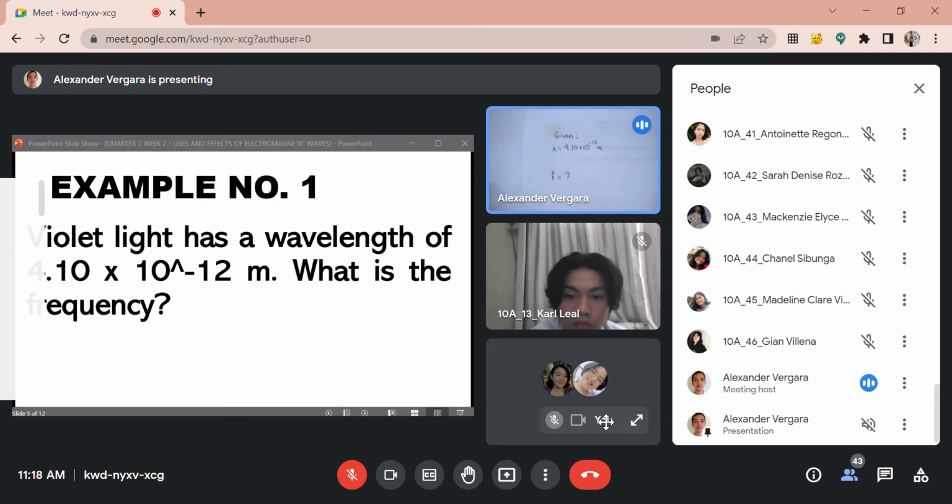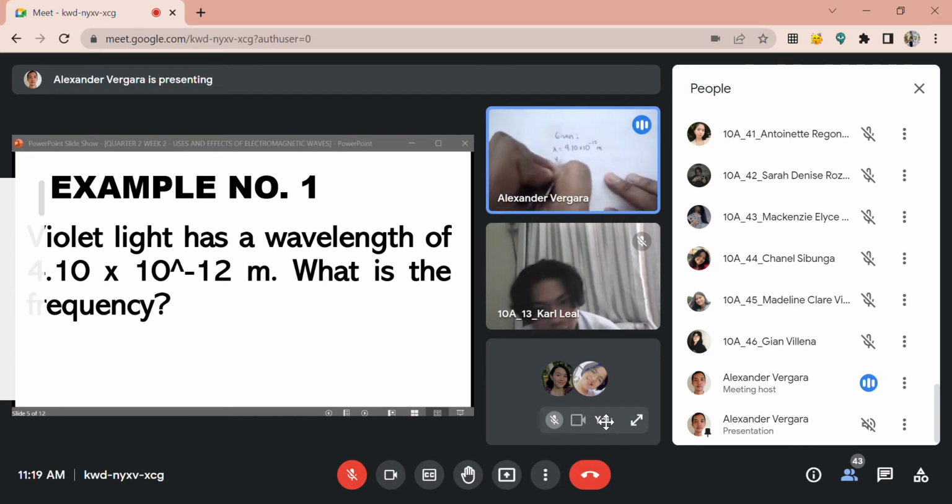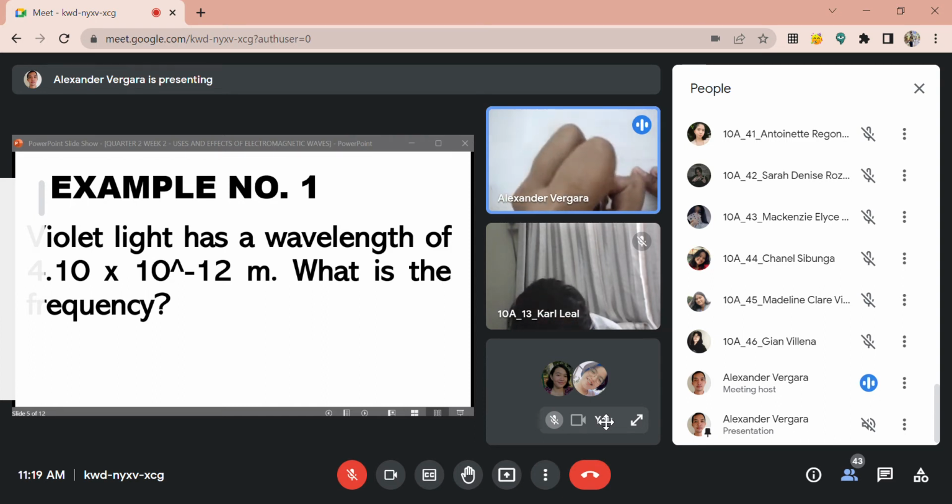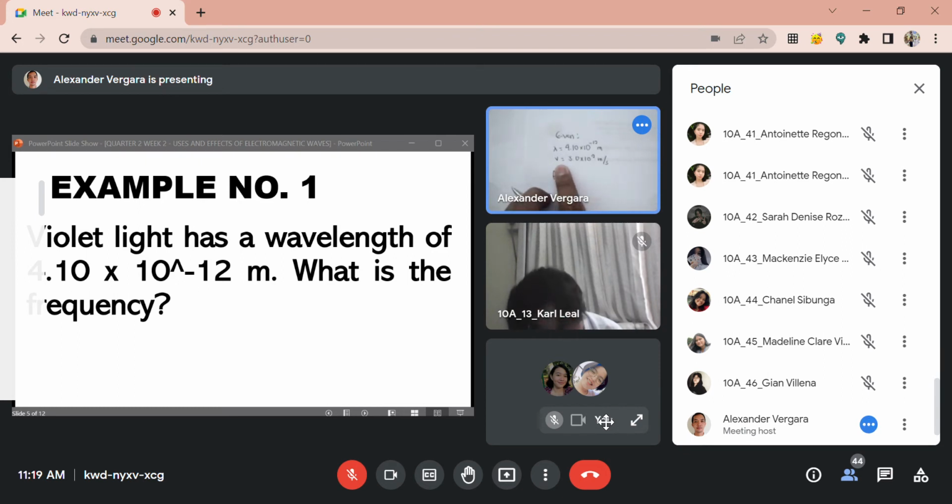Since we're talking about violet light, the velocity will be equivalent to 3.0 times 10 raised to 8 meters per second, since we're talking about light, because the unit for light is what?